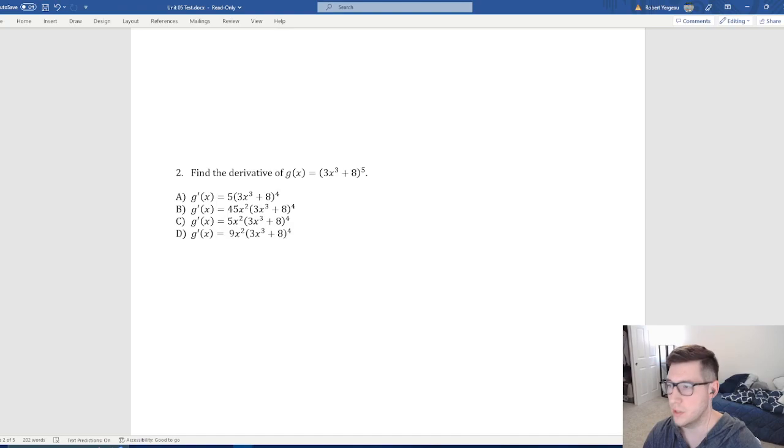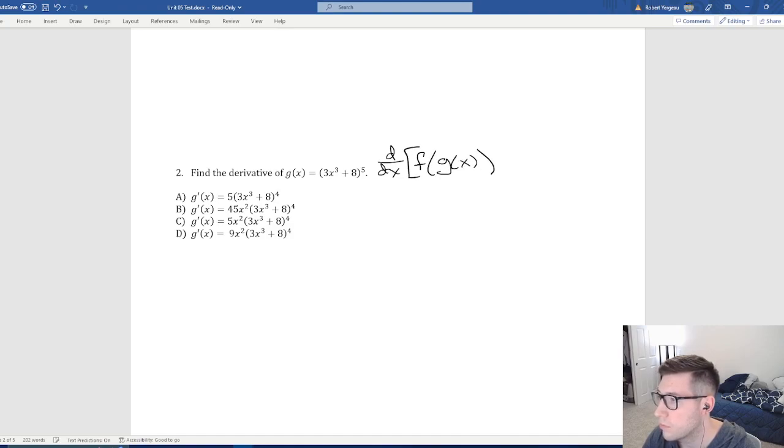yesterday, actually, composition is when we need to use chain rule. When we see composition, we need to think chain rule. And so, again, reminding ourselves that chain rule, that d dx of f of g of x, well, that is when we are going to take f prime of g of x times g prime of x.